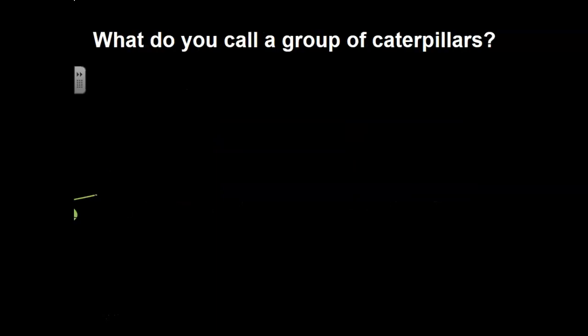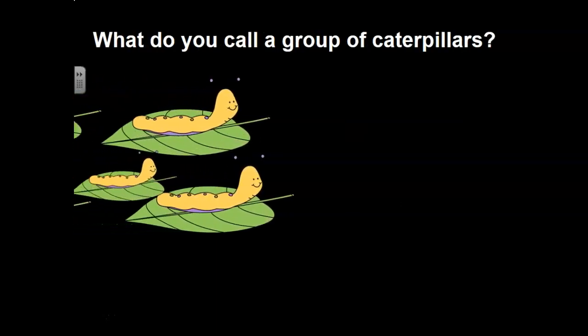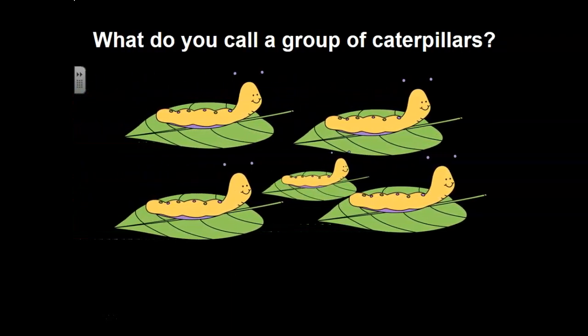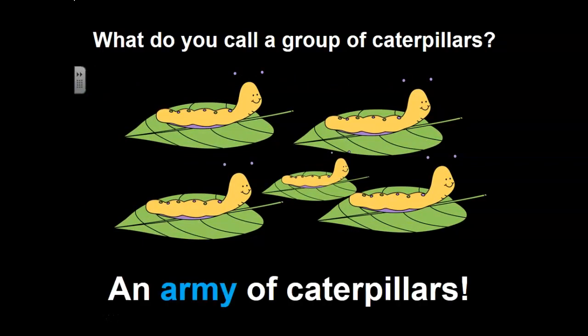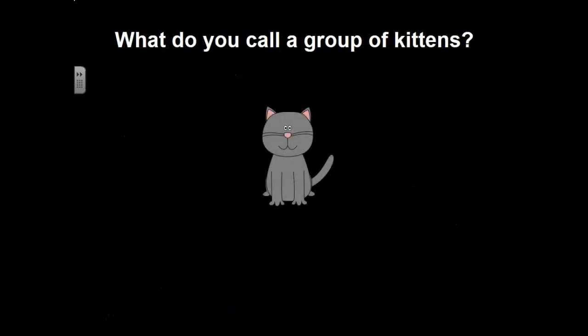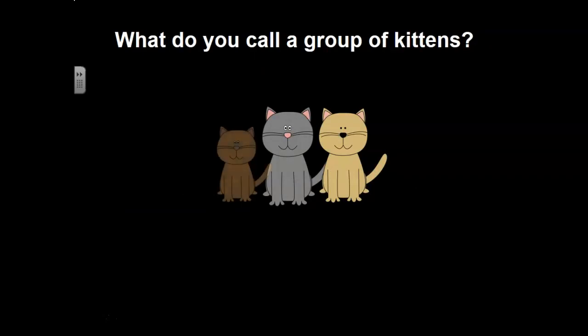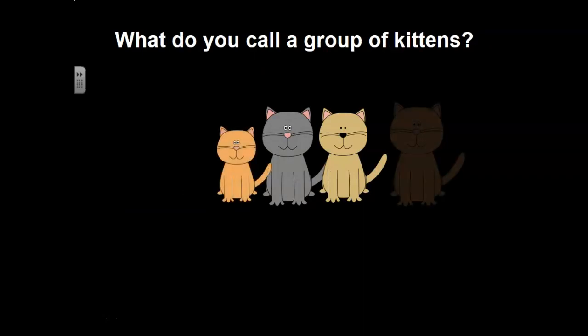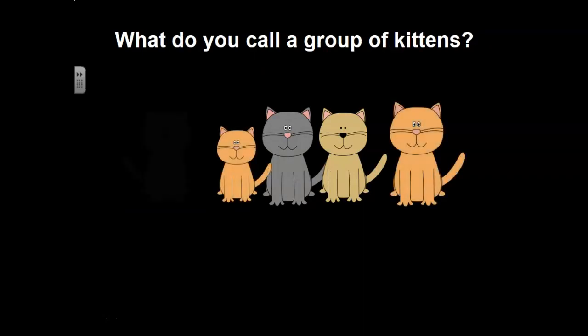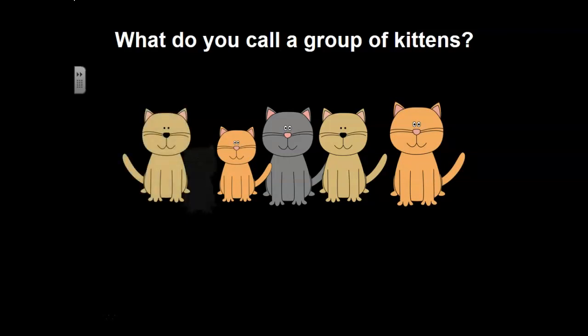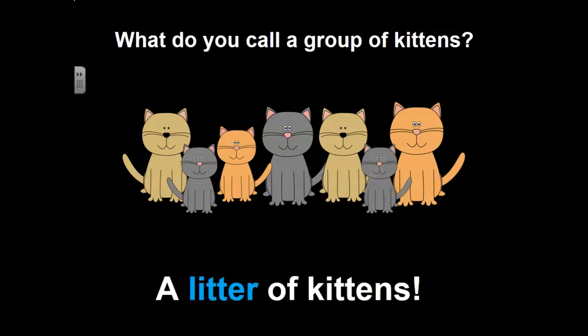What do you call a group of caterpillars? An army of caterpillars. What do you call a group of kittens? A litter of kittens.